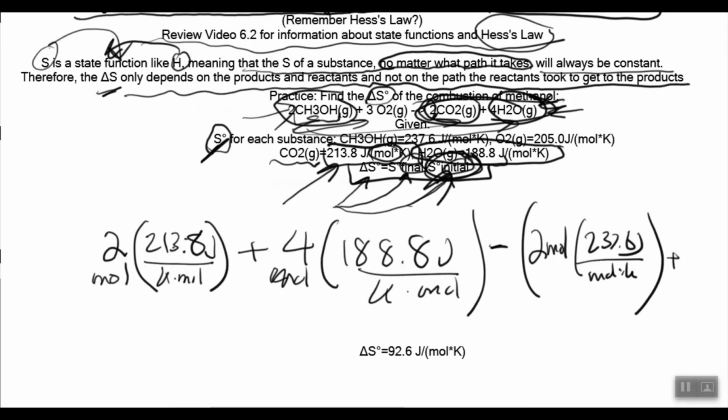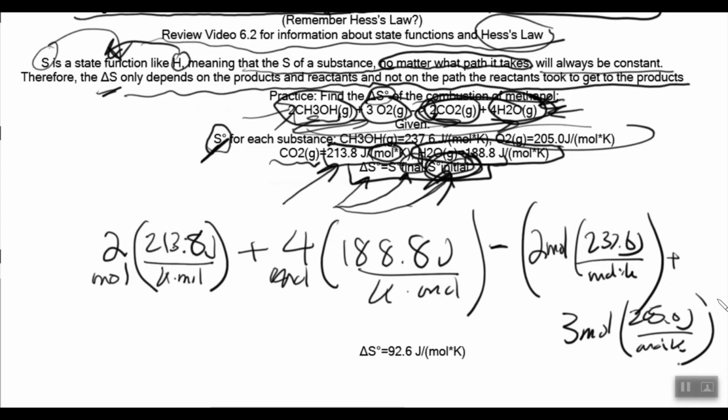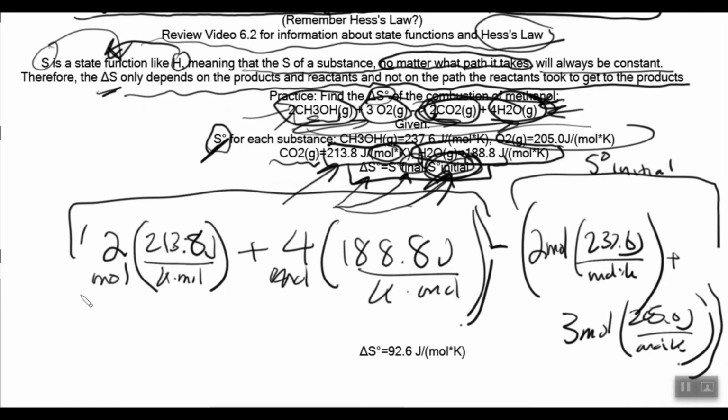Those words are kind of confusing, honestly, but we will get the hang of differentiating between the two. So 3 moles of O2, and the molar entropy is going to be 205.0 joules per mole times K. Now we have to put all of that in parentheses because all of this is the S naught initial, and all of this right here, we can even put these in parentheses if we wanted to, is the S naught final.